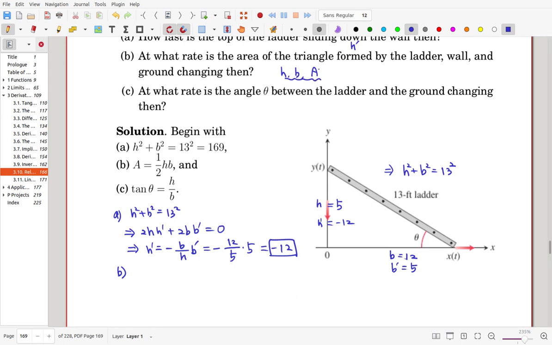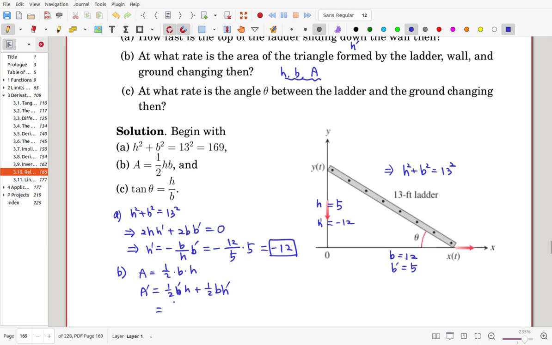They are variables, but they are related by this equation: area is, because it's a triangle, half times b times h. So the unknown is A prime, where prime is the time derivative. A prime is half b prime h plus half b h prime.